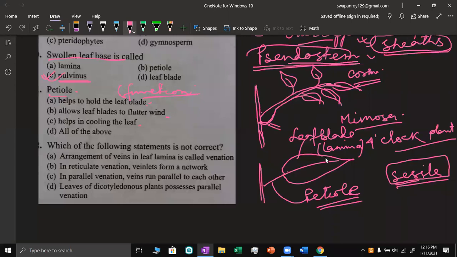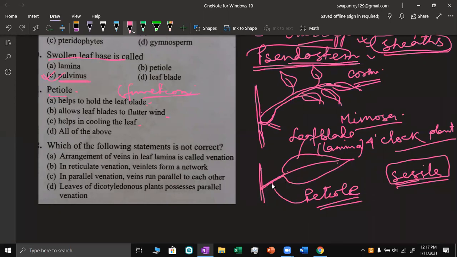So it is holding this, and particularly in those cases where the petiole is very long, it helps the leaf blade to be exposed more, away from the axis.